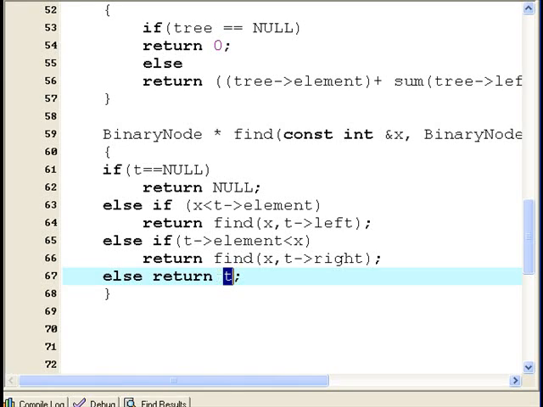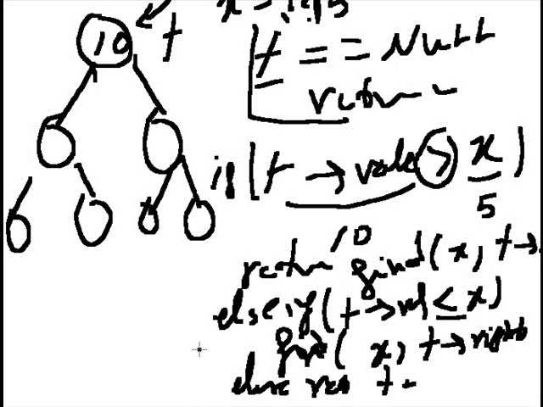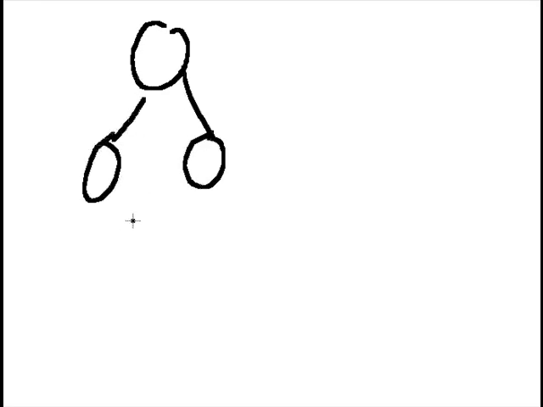Let's go directly now to determine whether a binary tree is a binary search tree. Again, let me clear the window here, and suppose I have here 10, I have here 5, I have here 15.